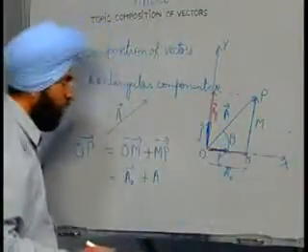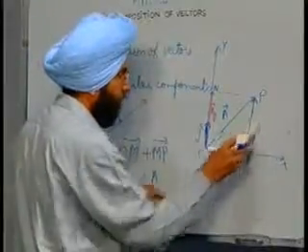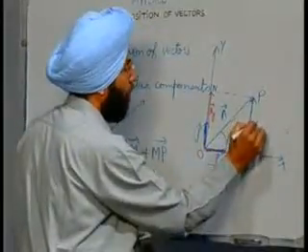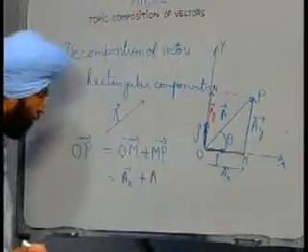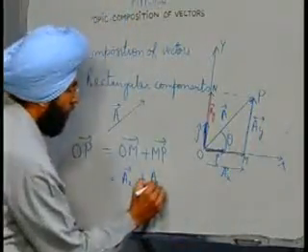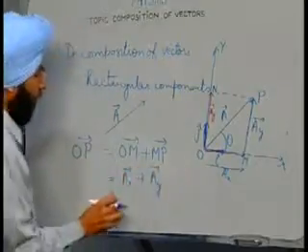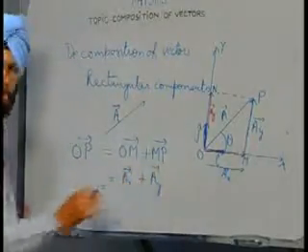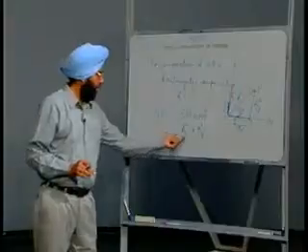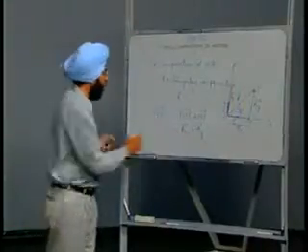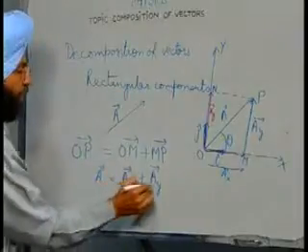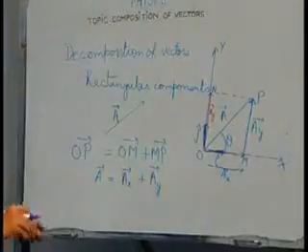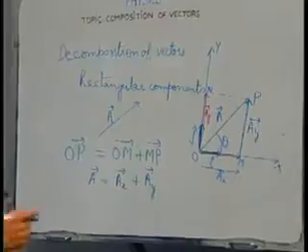So, what we have is here we have AY vector. So, we have two vectors, AX vector and AY vector, which are rectangular components of OP, which is A. So, AX and AY are the rectangular components of A vector.